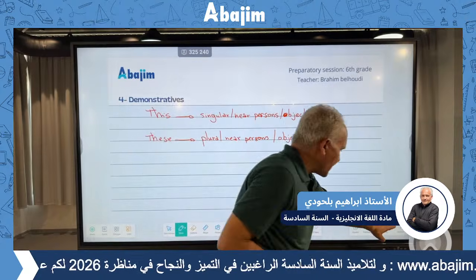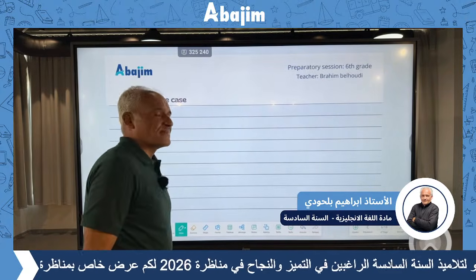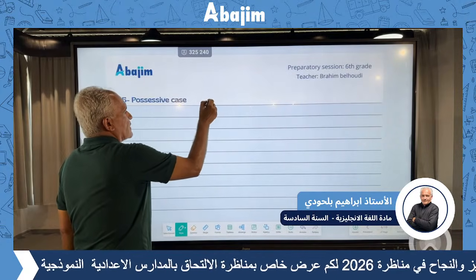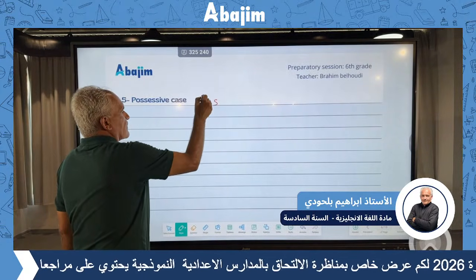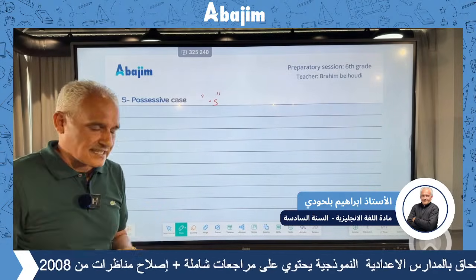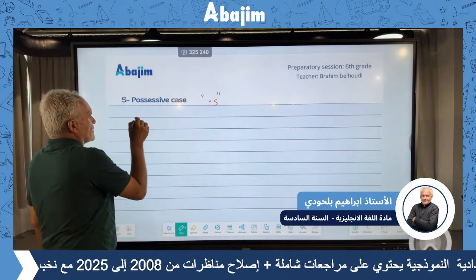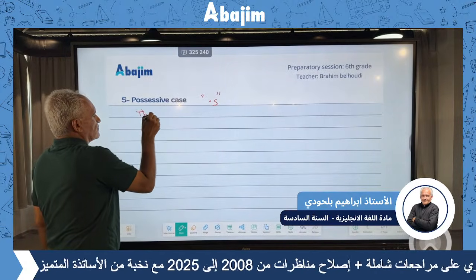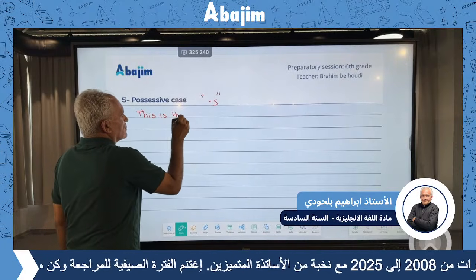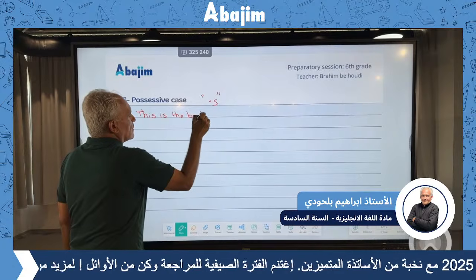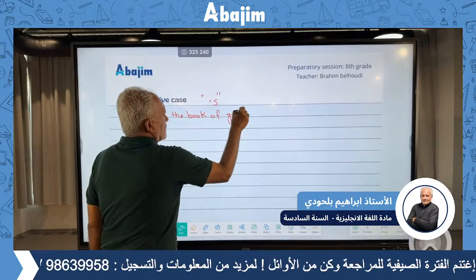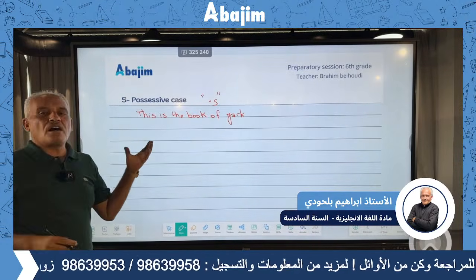I pass to the following heading, which is possessive case. Possessive case, that means the apostrophe S. Okay, the possessive case. Let me take some examples. For example, this is the book of Jack.